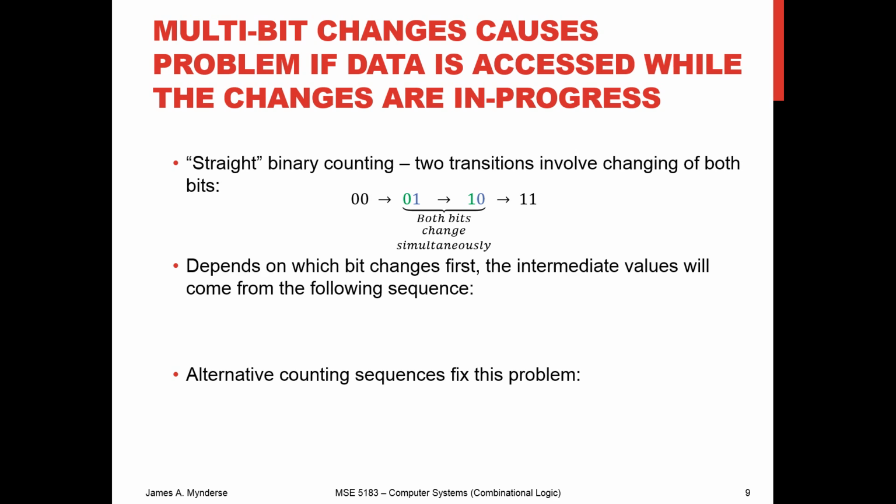There's this time in the middle where we might accidentally read the wrong value. The way this happens is that we've got propagation delays in our physical chips, in our ICs, in our computers, whatever we're implementing on. When both bits are changing simultaneously, they don't really change simultaneously.